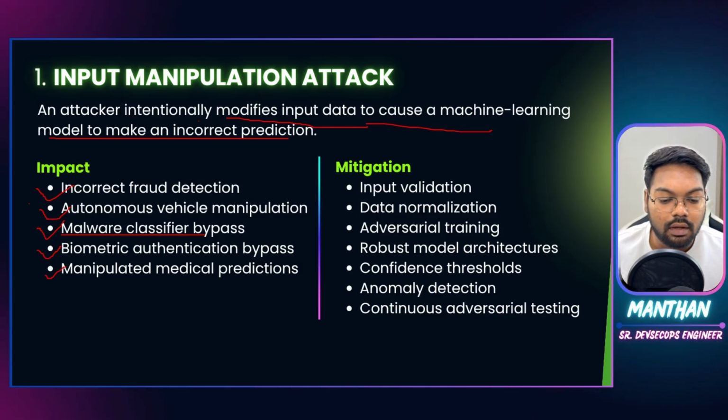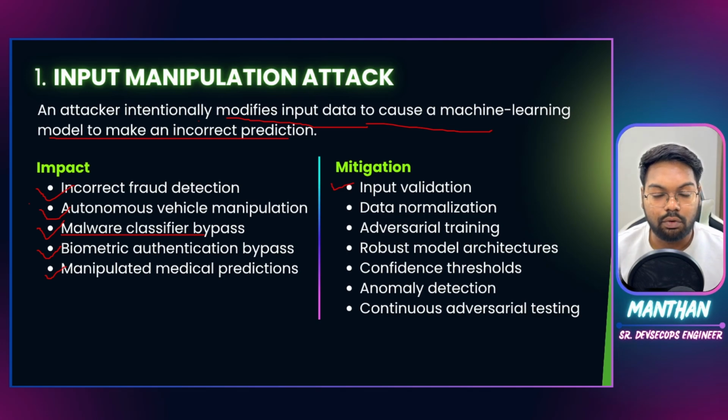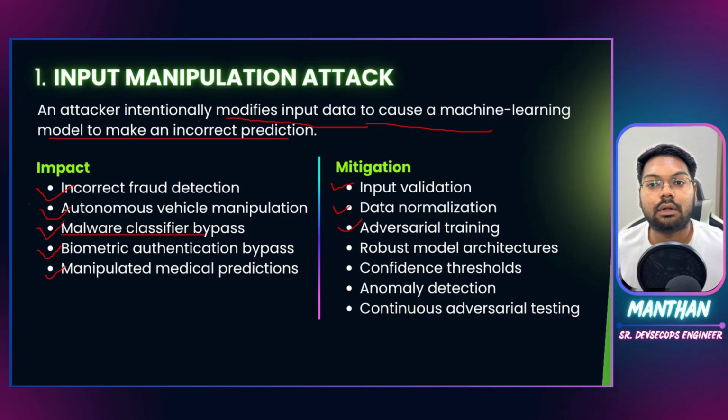So what can we do to mitigate the input manipulation attack? We can do some things like input validation. Whatever a person is trying to input through prompts, APIs or requests, we want to sanitize and validate it before it reaches the server and compute models. Then data normalization should be done. Then someone could try adversarial training, like giving different prompts to your model and testing if it breaks or behaves in a way that it should not.